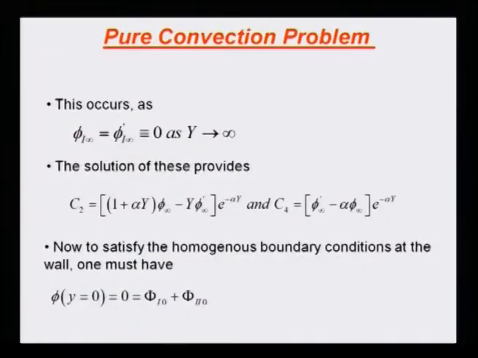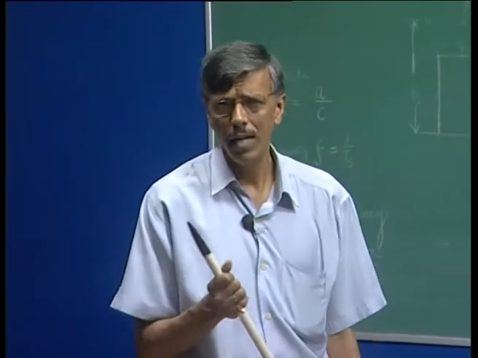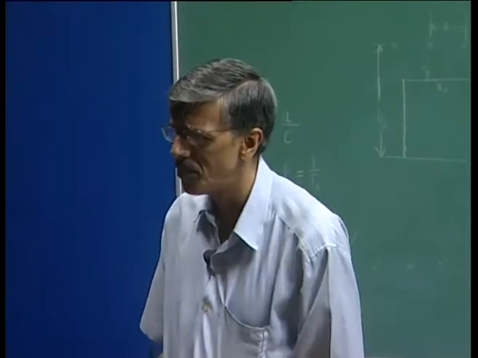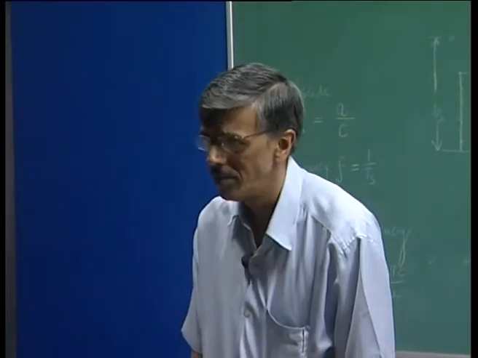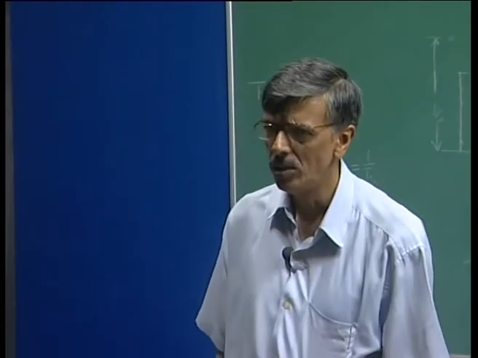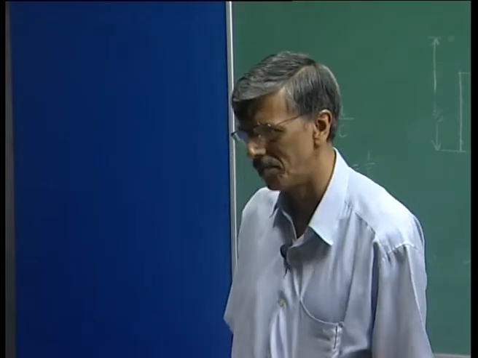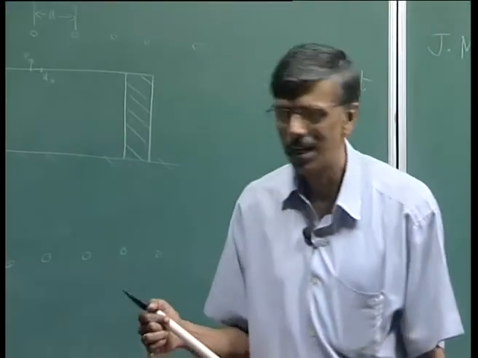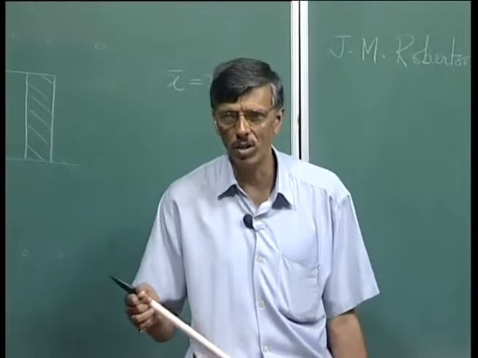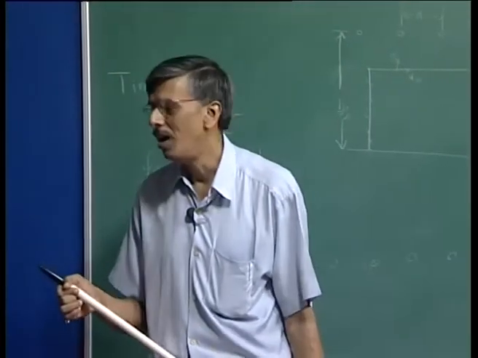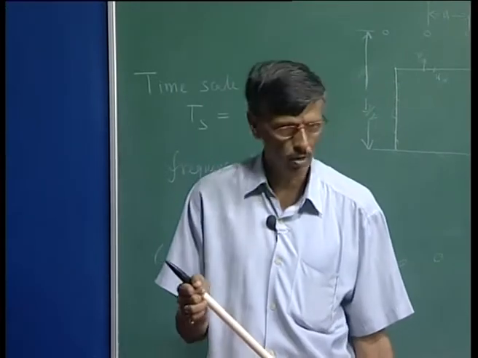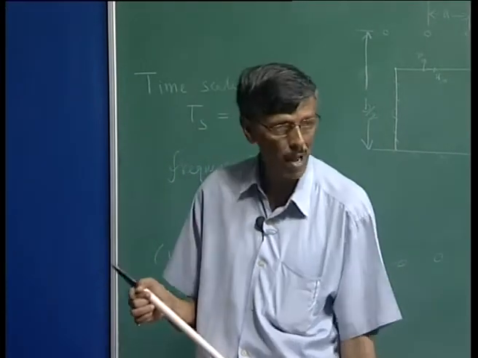Now, suppose we have only the excitation in the free stream, then what happens to the condition at the wall? The condition at the wall should be one of no slip. That means I should have the V component 0, so phi at the wall should be equal to 0. And I should also have the U component 0, that means phi prime will be 0.